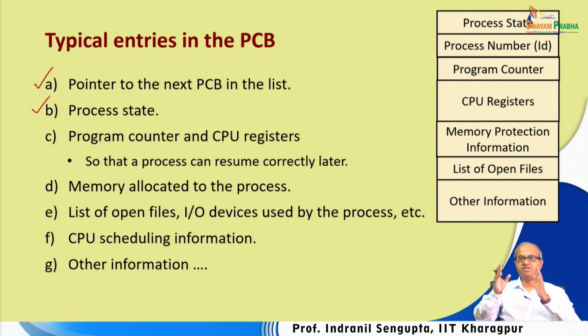So, when we suspend a process temporarily, the contents of all these registers must be saved, all CPU registers and most importantly the program counter, because later on when the process wants to resume, you will have to resume from that exact point where you suspended the process, which means all the registers have to be restored back to their original values, and the program counter initialized to that old value, so that it can start from the instruction where it was suspended.